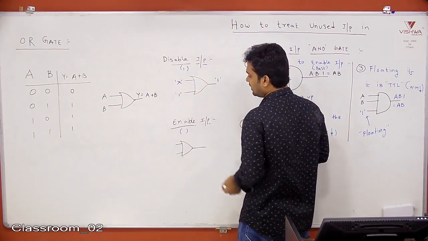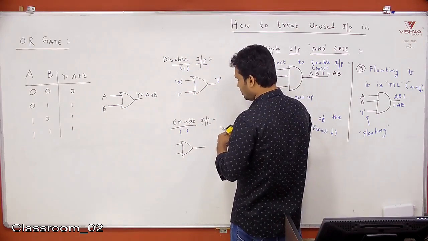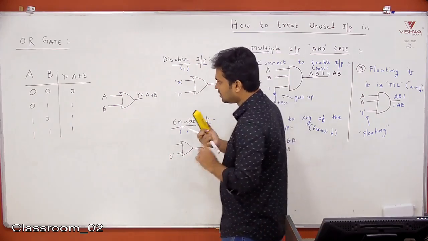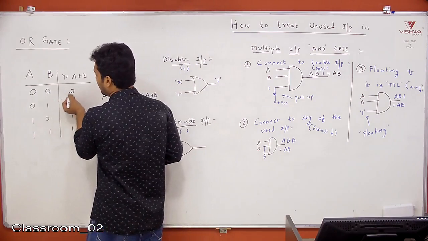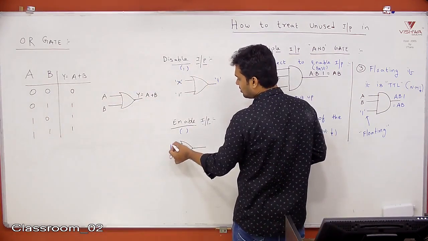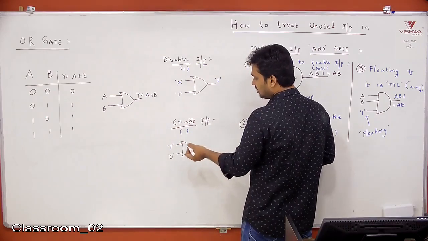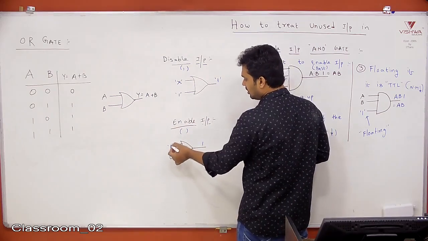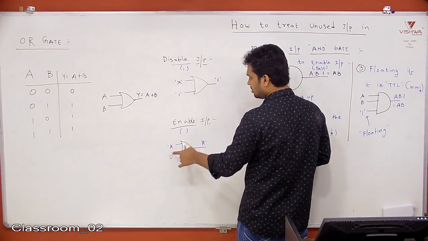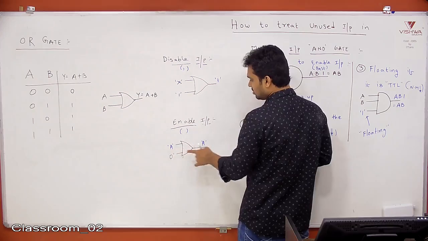Okay. Similarly here, if one of the input is 0, what happens? If one of the input is 0, other input is 0, I am getting 0. Other input is 1, I am getting 1. So, other input is whatever you have, the same you are getting here. Sorry. If other input is A, you are getting A. Other input 0, 0 plus 0, 0. Other input is 1, 0 plus 1, 1.